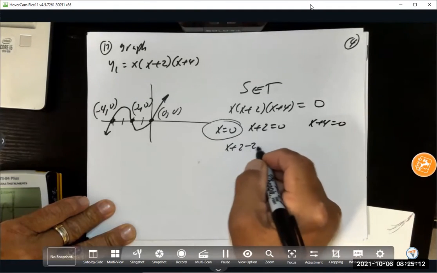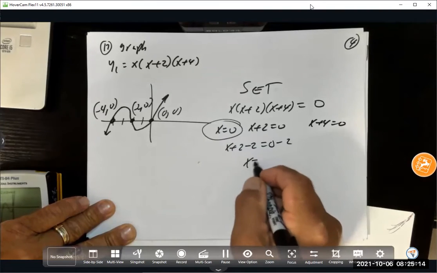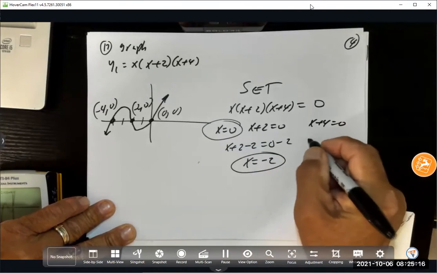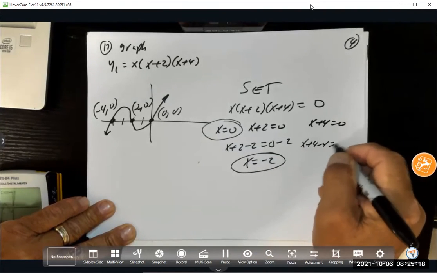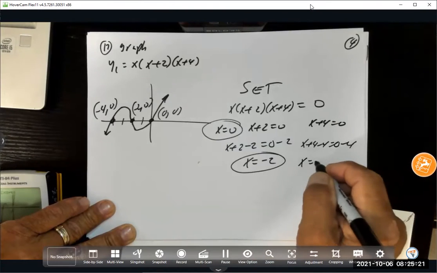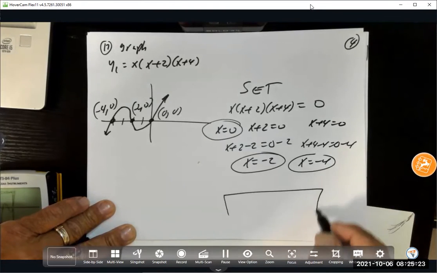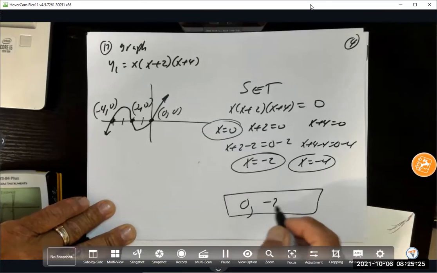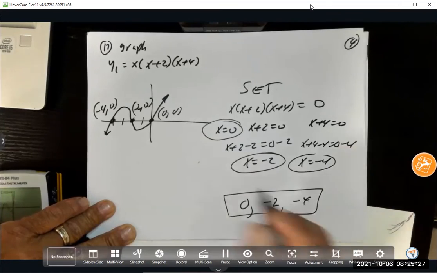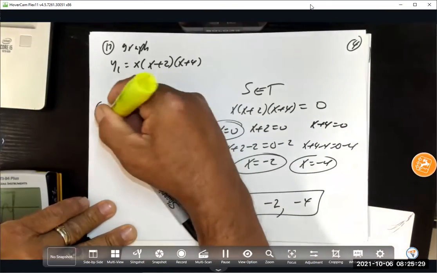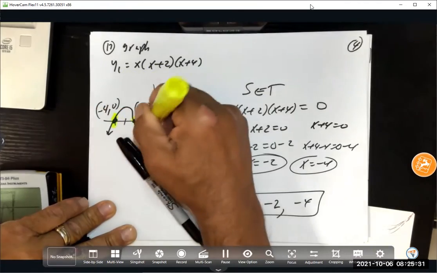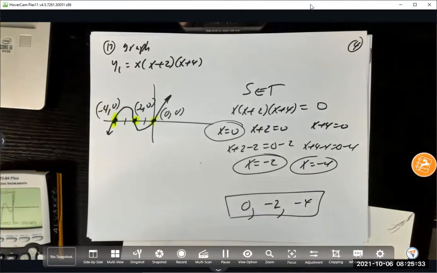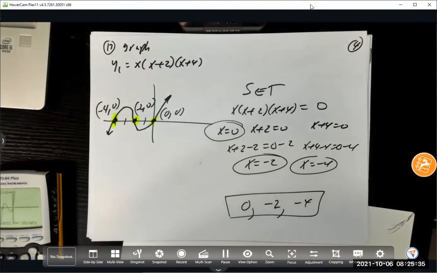For x plus 2, subtract 2 from both sides, so x is negative 2. For x plus 4, subtract 4, so x is negative 4. So the answer is 0, negative 2, negative 4, which is the same as these dots right here. Is that right? I say yes, that's good.